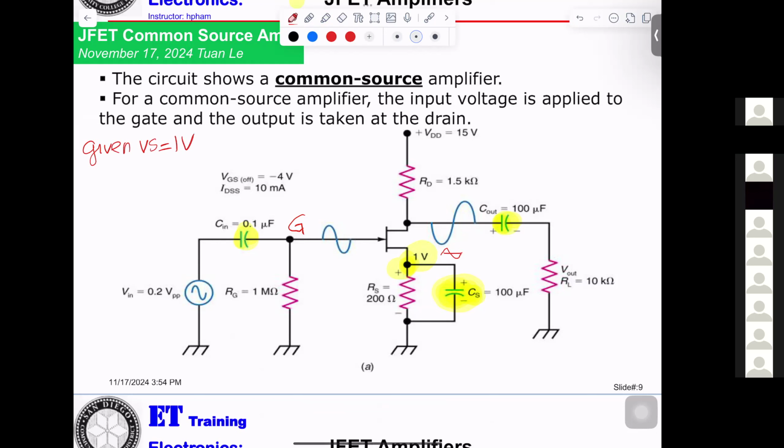Okay? So that's why you don't have to use the graph. VS equals 1 volt. Can I calculate the IS? What is IS equal?